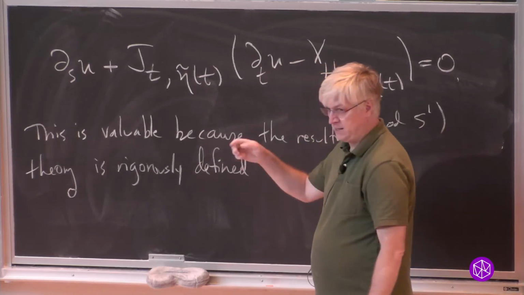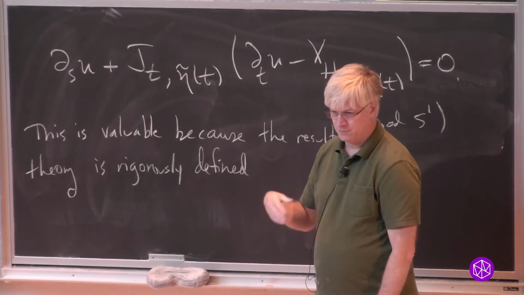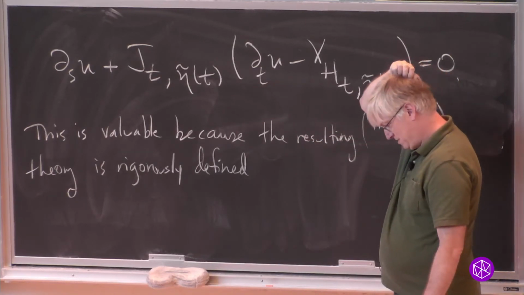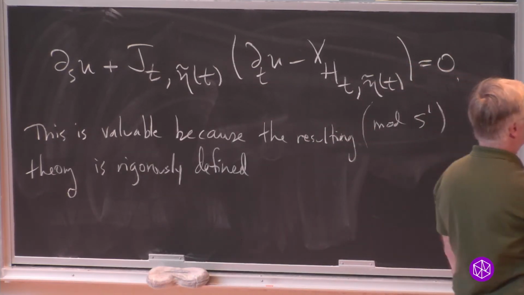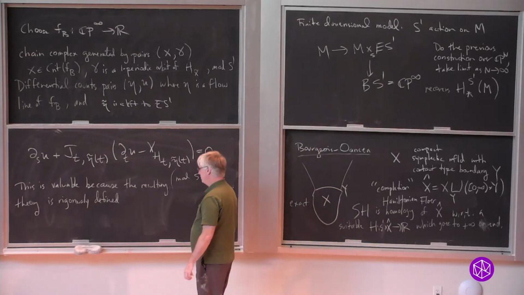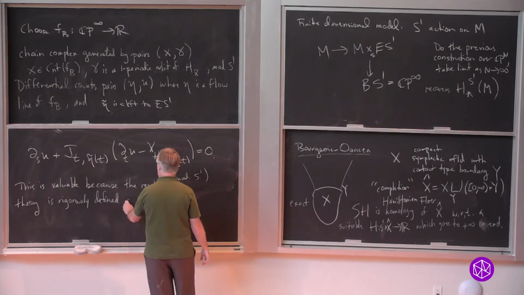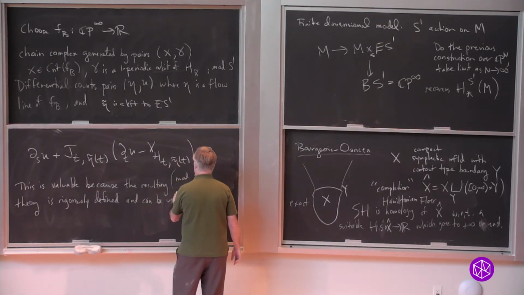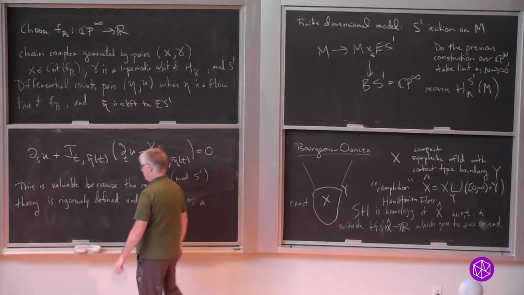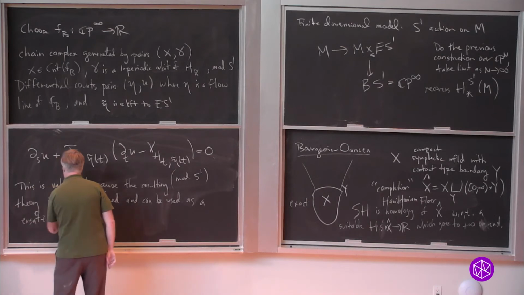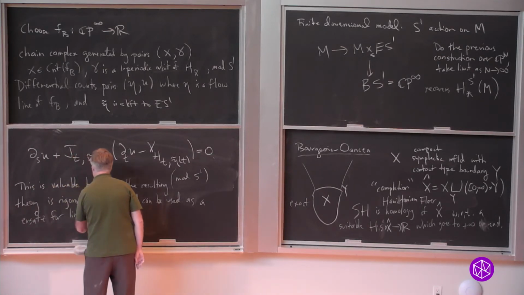So you don't need any sort of virtual stuff, since I guess I probably should have assumed that this is exact, so you don't have to worry about any bubbling. Since it's rigorously defined, it can be used as an ersatz, or replacement, for linearized contact homology.